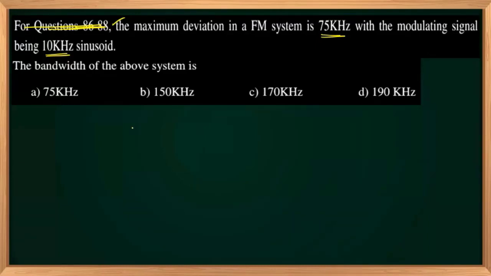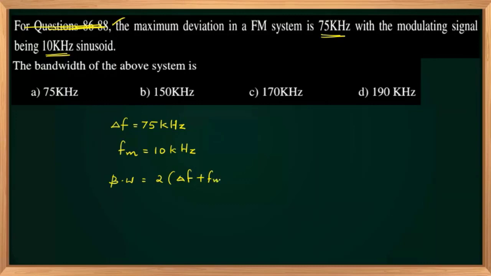Here the frequency deviation and modulating signal frequency are given. Frequency deviation is denoted as delta F, delta F equal to 75 kilohertz. The second quantity is the modulating signal frequency, fm equal to 10 kilohertz. So bandwidth is calculated using Carson's rule: bandwidth equal to 2 times (delta F plus fm).